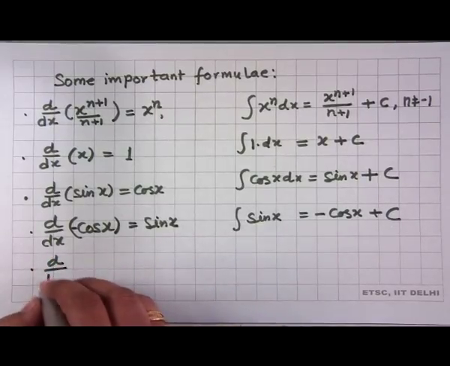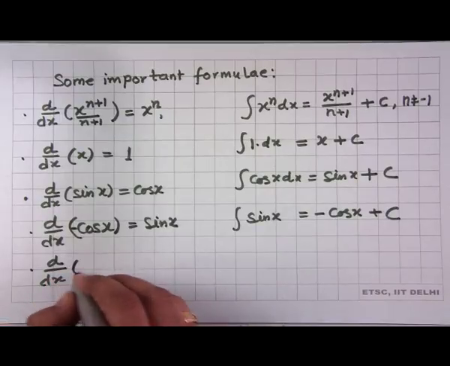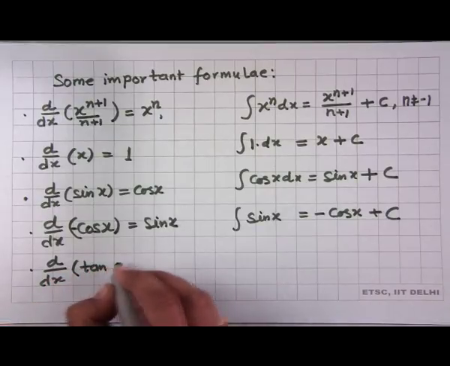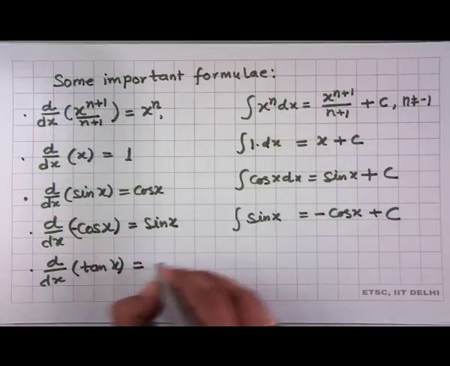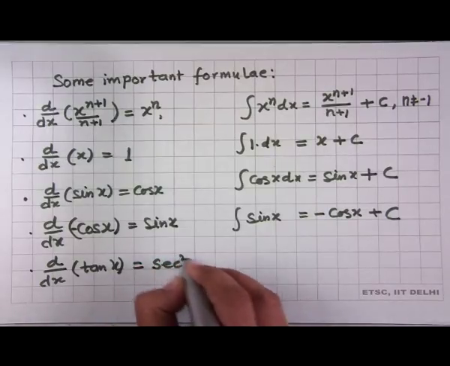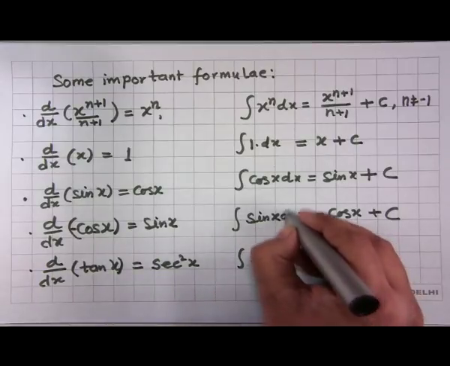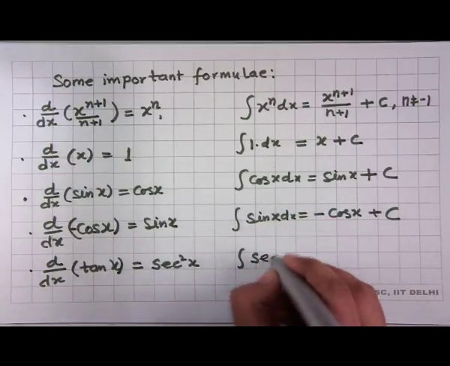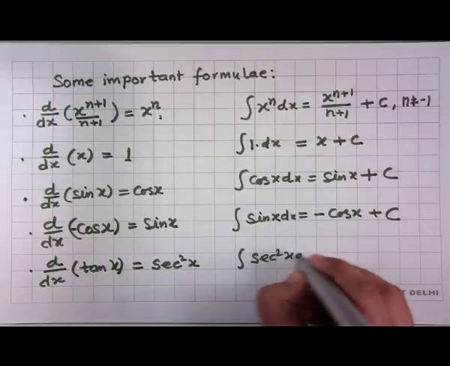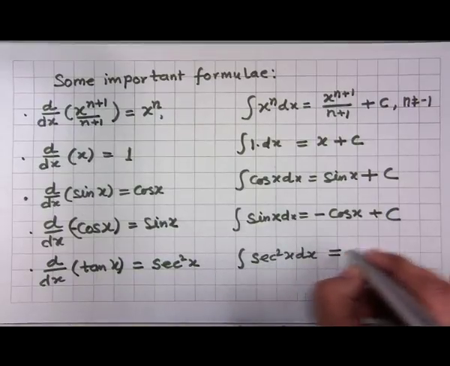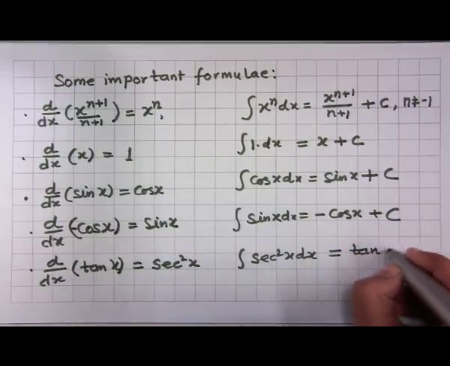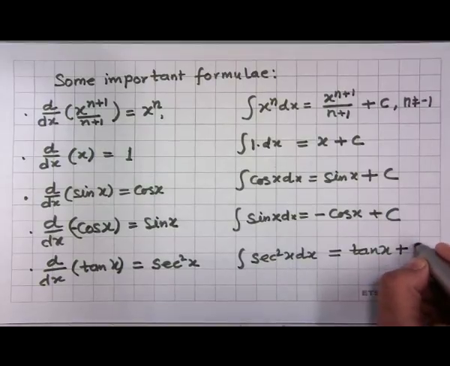d by dx of tan x is sec square x, and therefore, integral of, sorry I missed a dx here, sec square x dx equals to tan x plus c.